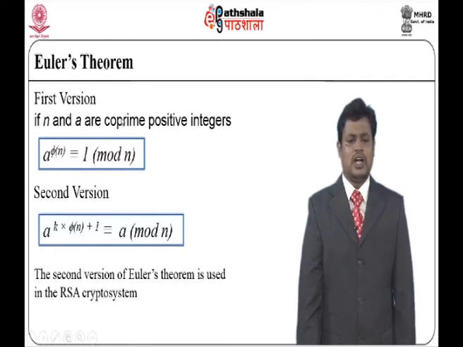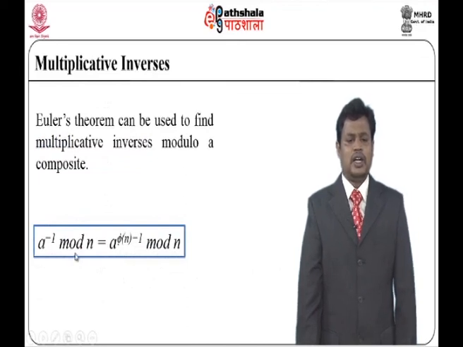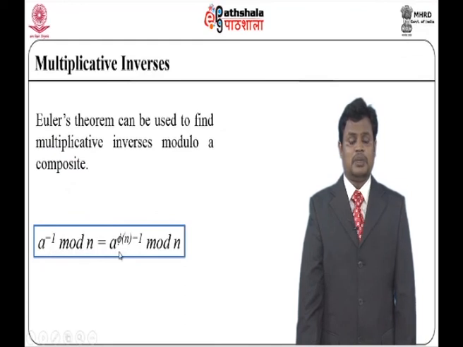Similarly, this case also does not check for coprimality; it simply says a power k times phi of n plus 1. It is also used for finding the multiplicative inverse. Here the condition is that a inverse mod n can be represented by a power phi of n minus 1 mod n.